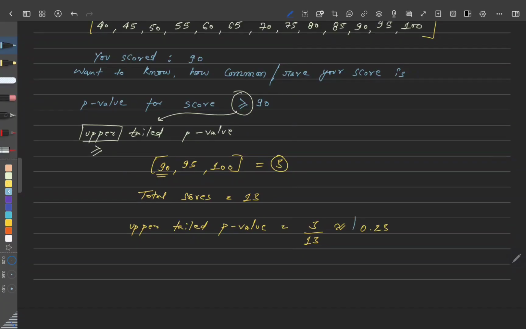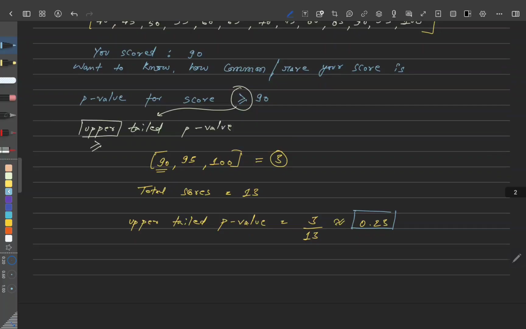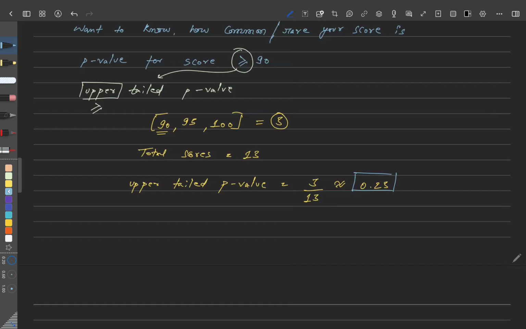So this is the p-value of scores which are greater than or equal to 90. So around 23% scores are higher or as high as 90. This is like a probability. 23% scores are higher or as high as 90.